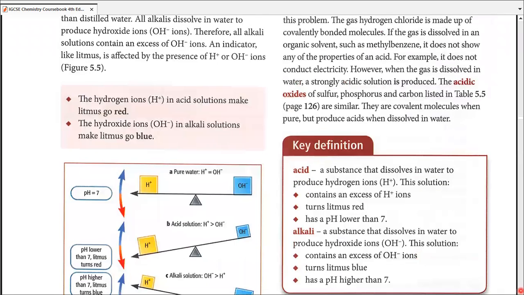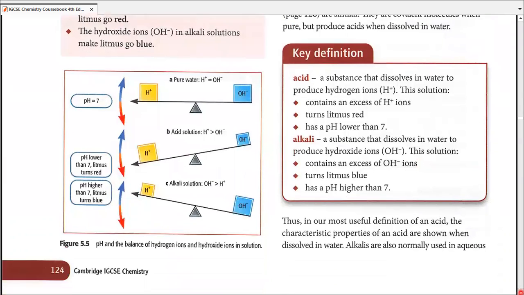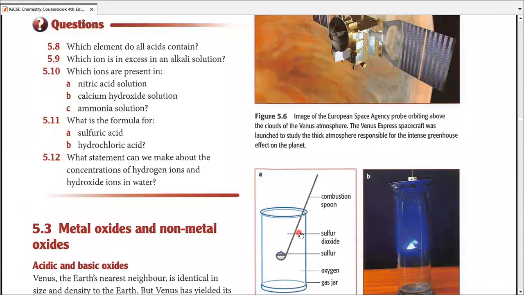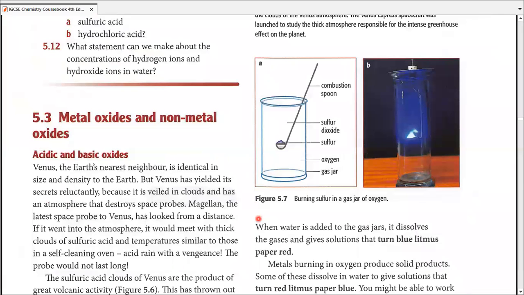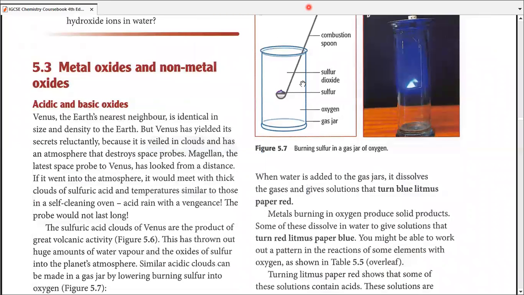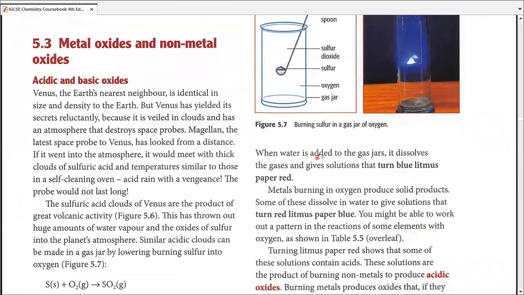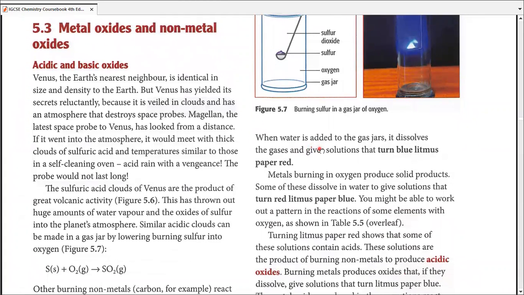Moving on, this completes 5.1 and 5.2 for us. For 5.3, the next topic is oxides. It consists of metal and non-metal oxides. 5.3 is all about oxides. Actually, oxygen is a very reactive non-metal.